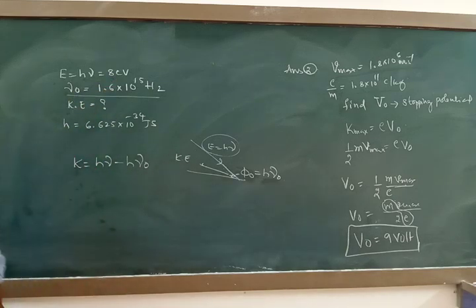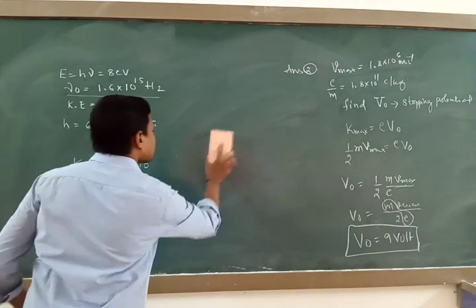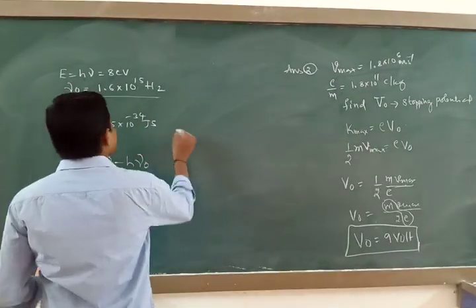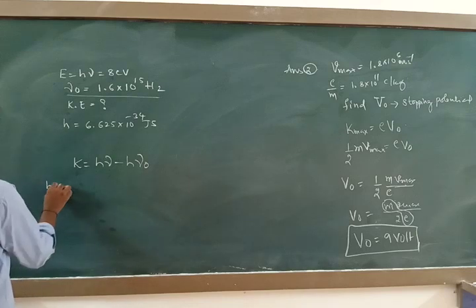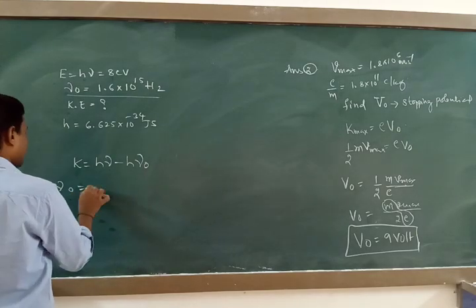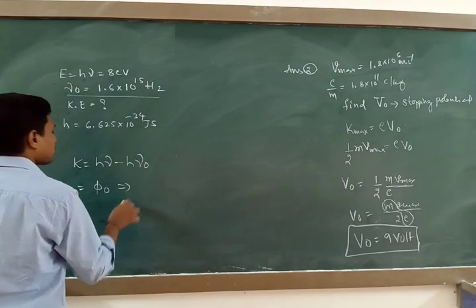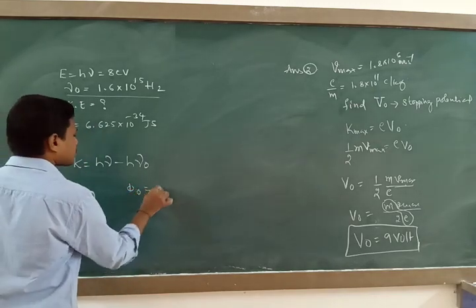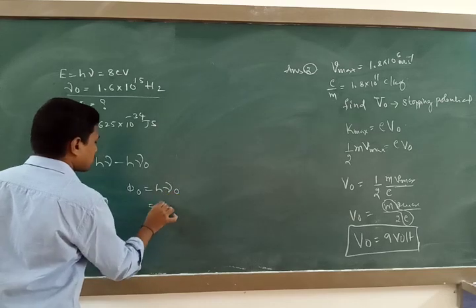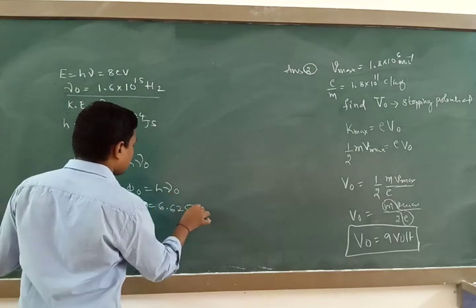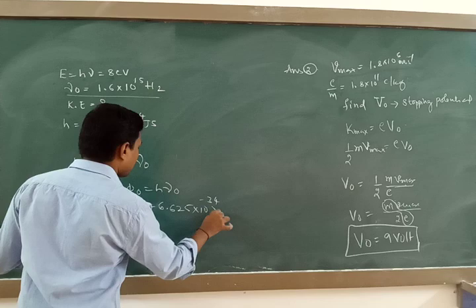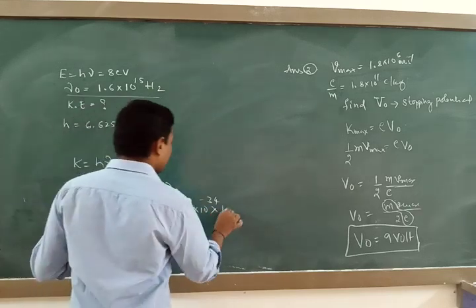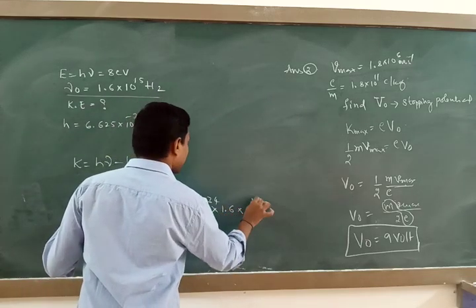So first we shall find h nu naught. Here h nu naught is equal to phi naught. So phi naught is equal to 6.625 into 10 power minus 34 times nu naught, which is 1.6 into 10 power 15.